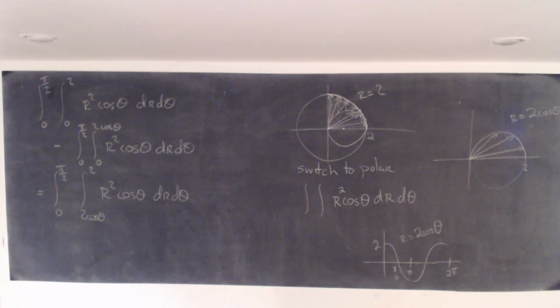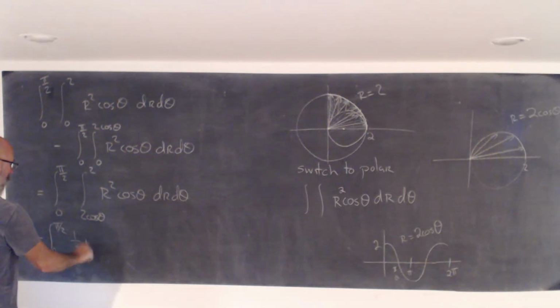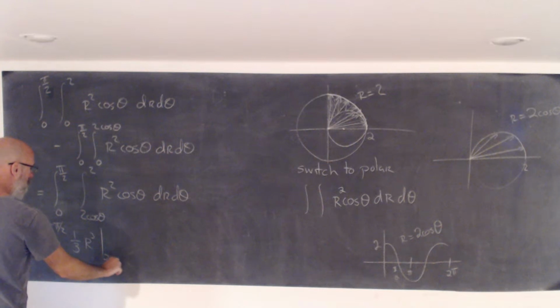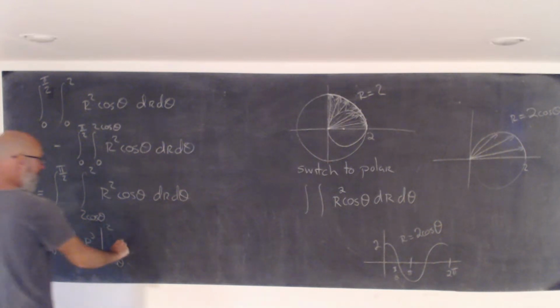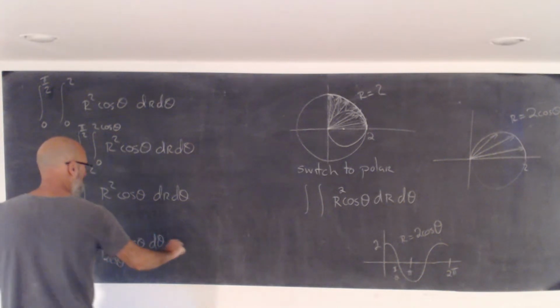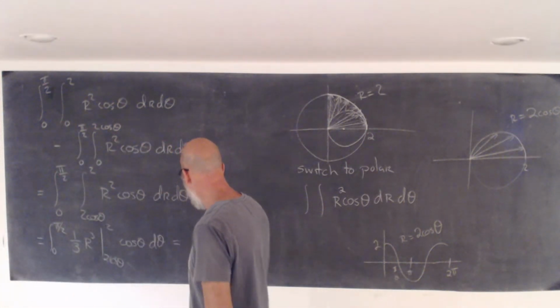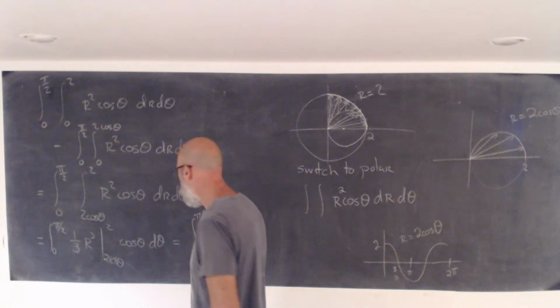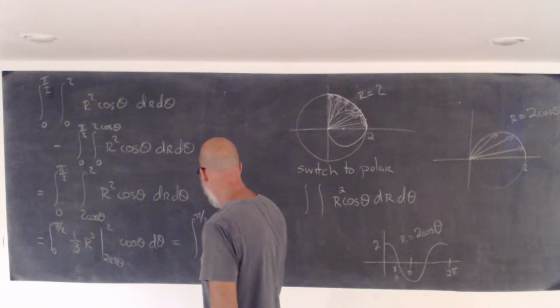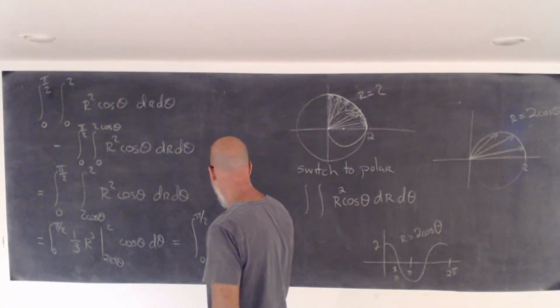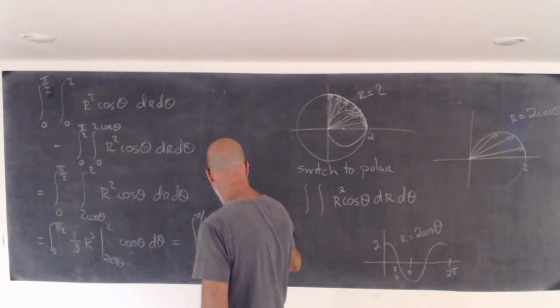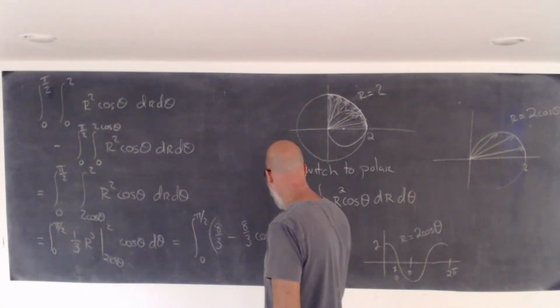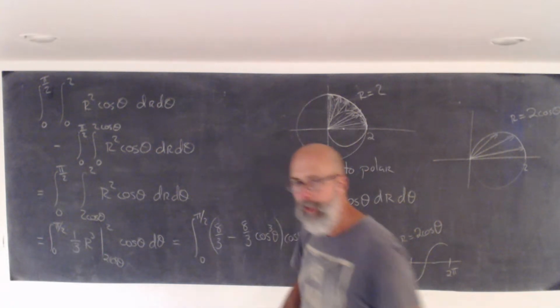All right. With that aside, integration is fairly straightforward here. This is 1/3 r cubed from 2 cos to 2. Which is 8 over 3 minus 8 over 3 cos cubed, the whole thing times cosine d theta.